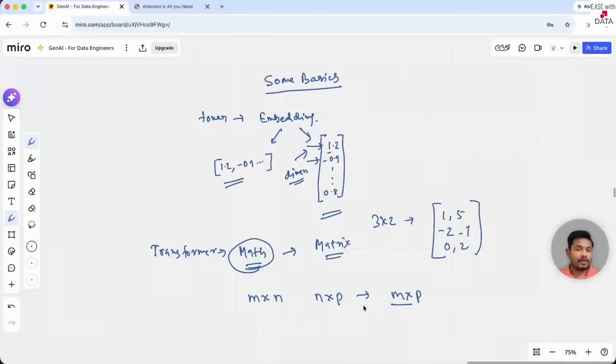So if your matrix is 3 comma 2 and the other matrix is 2 comma 1, then your output would be 3 cross 1. This is how matrix multiplications work. You just have to keep this in mind for this whole course. And in this whole course, we are going to take the example of GPT-2 because it is easier to understand transformers with smaller numbers. And GPT-2 has 768 dimensions, which we already know from our previous video.